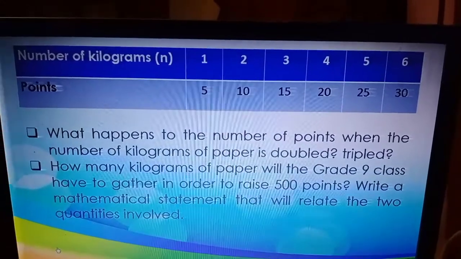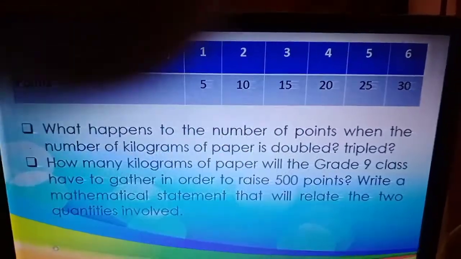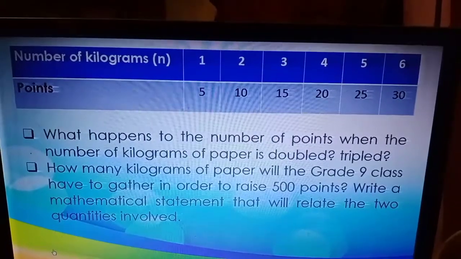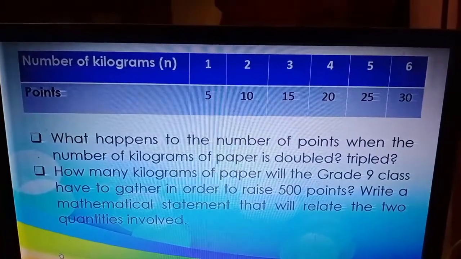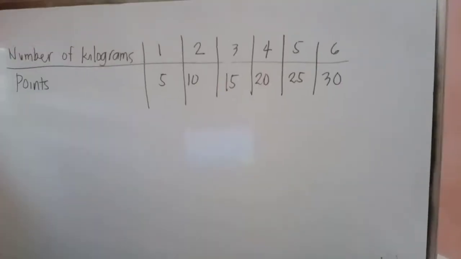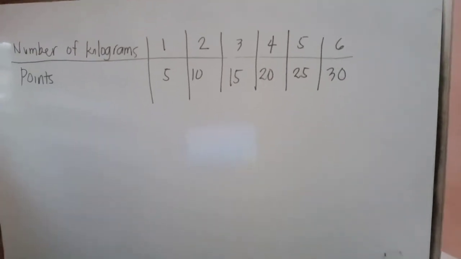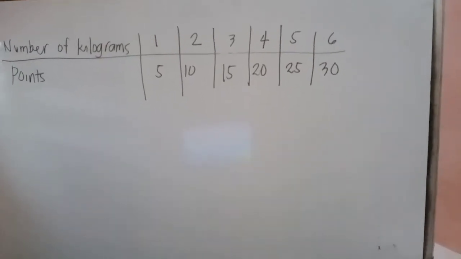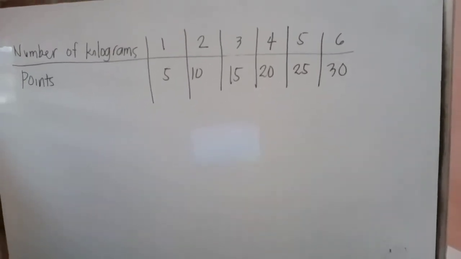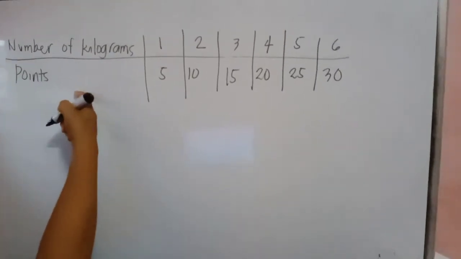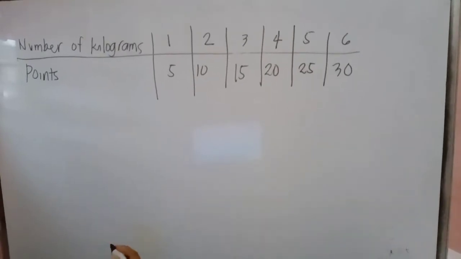We have 5 over 1, which is 5. This is clearly shown if we make use of the board. There is a direct variation if there is a constant ratio. Where does that ratio come from? That's points over the number of kilograms.